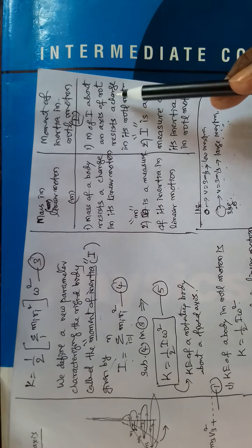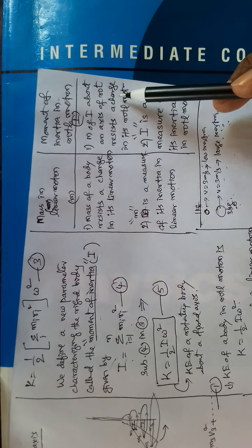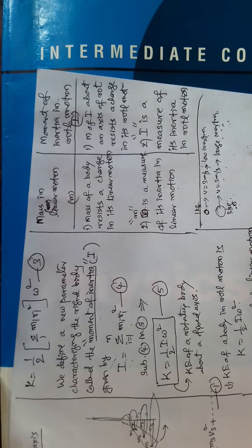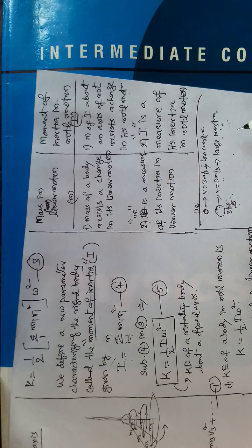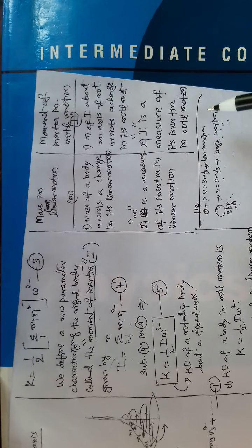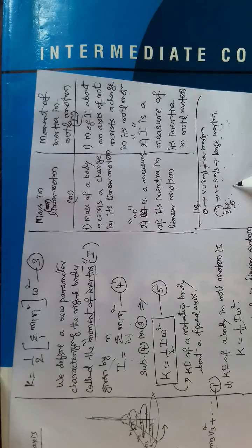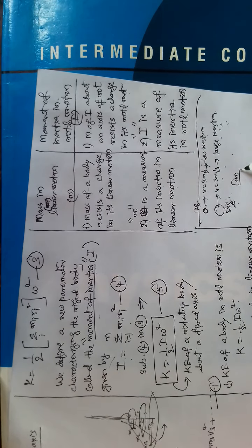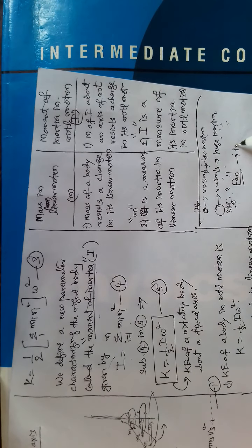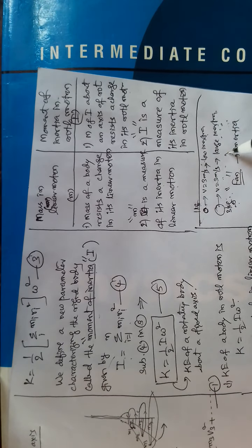Now here, in case of rotational motion, we take an example of a fan, because a fan is rotating about a fixed axis. Let us consider how this fan has the property of inertia.